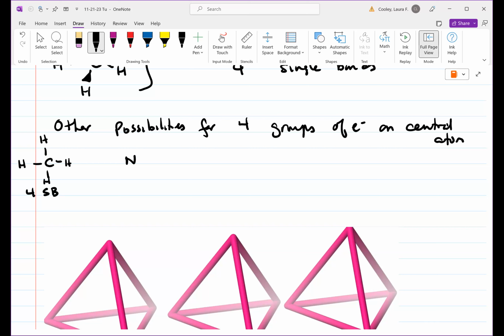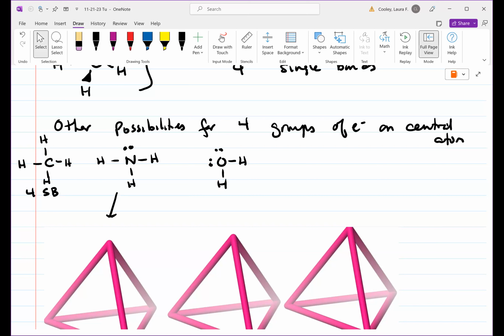We could also have a lone pair and 3 single bonds, right? That's also 4 groups of electrons on the central atom. I'm going to draw that one here. And we could also have water, with 2 lone pairs and 2 single bonds.